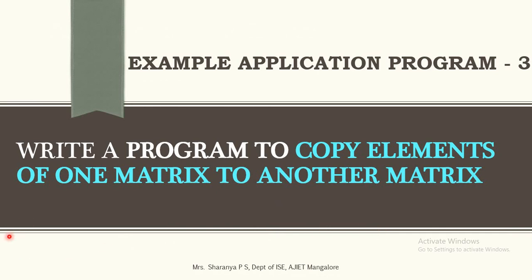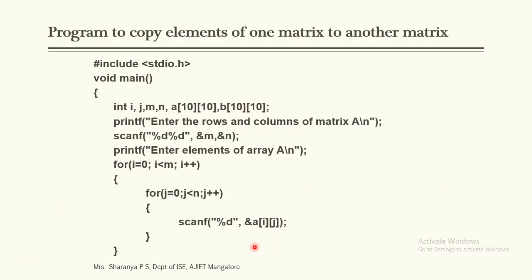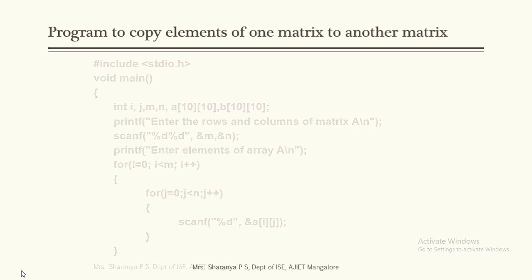And one more program here, to copy the elements of one matrix to another matrix. Very simple code. All the other concepts we have discussed to read the elements of the matrix hold good, so I will not repeat the same. We read the two matrices A and B, and we read the M and N values.